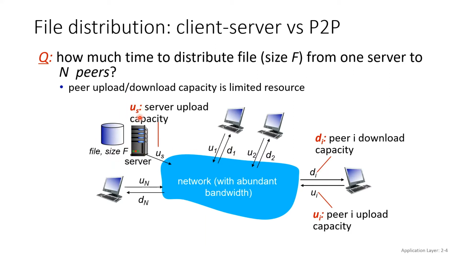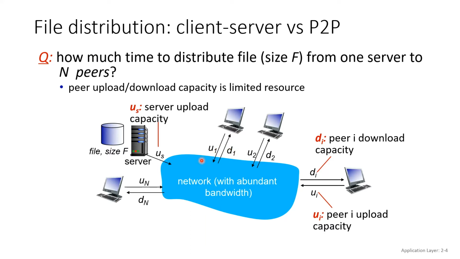U sub s is the upload rate of the server. U sub i is the upload rate of any given client, and D sub i is the download rate of any client.